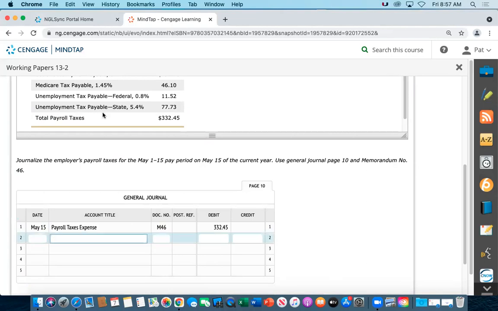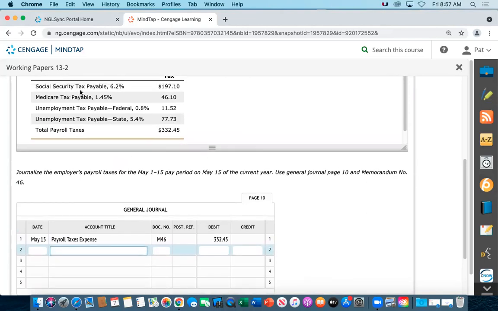You're then writing all these different taxes: Social Security tax payable, Medicare tax payable, unemployment tax payable federal, unemployment tax payable state. It's just like they're listed there.